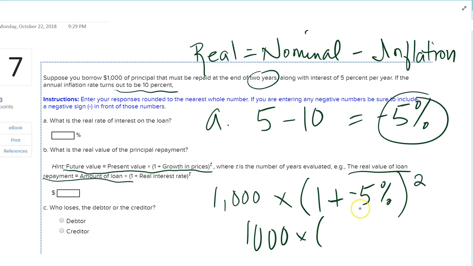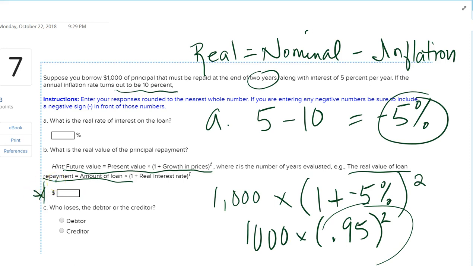Remember, we move that decimal over to turn that into a decimal number. And so this is going to be 0.95. It's 1 minus 0.05. That's how we would read that. And that quantity is squared. And if you remember your order of operations, you'll square this value, you'll multiply that by 1,000, and that will give you the value right here.